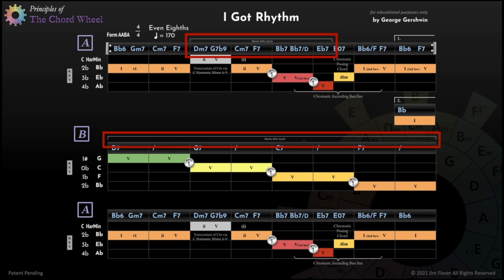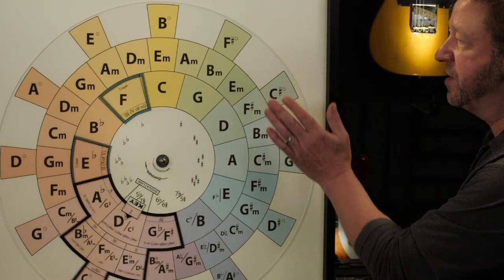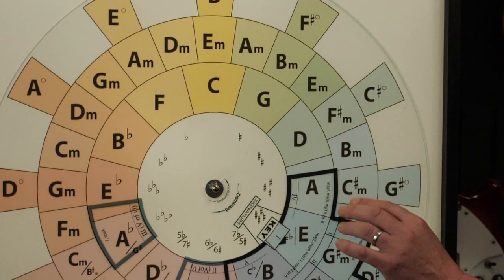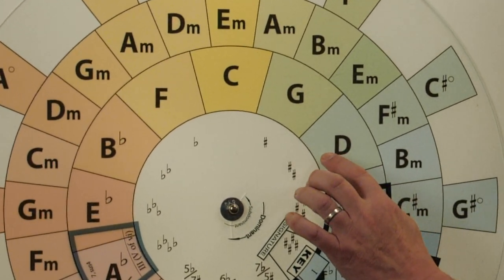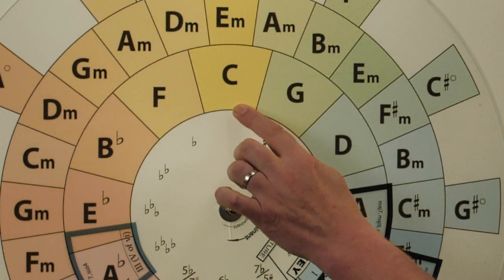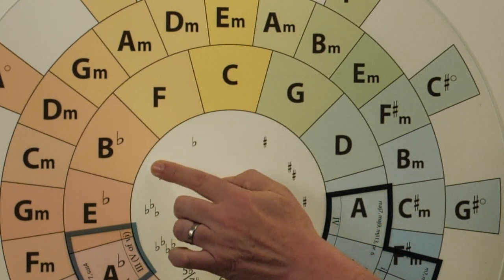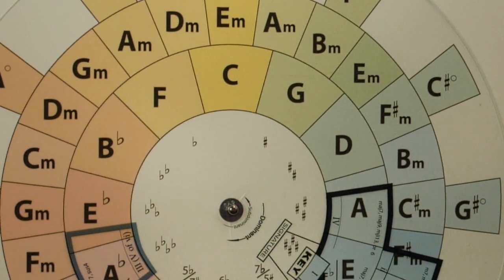It doesn't matter what type they are, just the root. We go from D to G to C to F to B flat to E flat. Let's go to the chord wheel and only think about the roots. D to G to C to F to B flat to E flat.